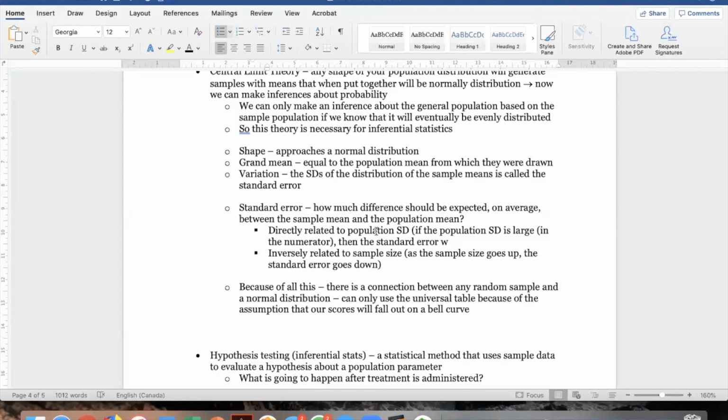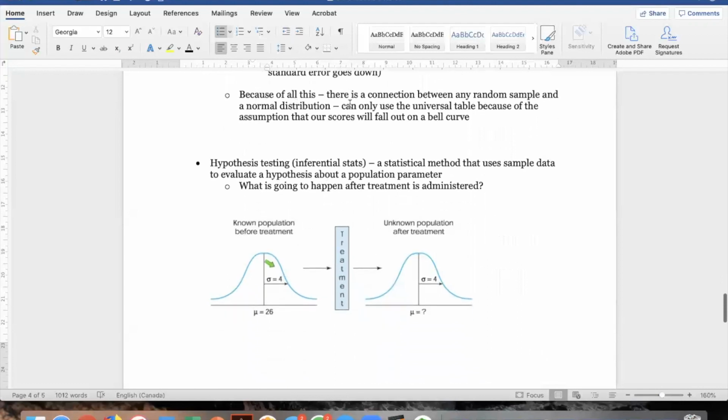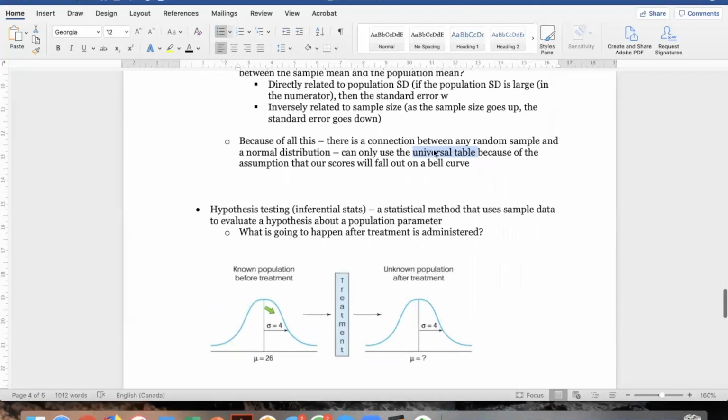Because of the assumption, that won't matter. So you'll see this later when we go to make our inferences. We use a standard table. I think in this case they're talking about the Z-score table, but there's a T-score table, there's an F-score table. The only reason we can use this table is because we know that there is a connection between a random sample and a normal distribution.